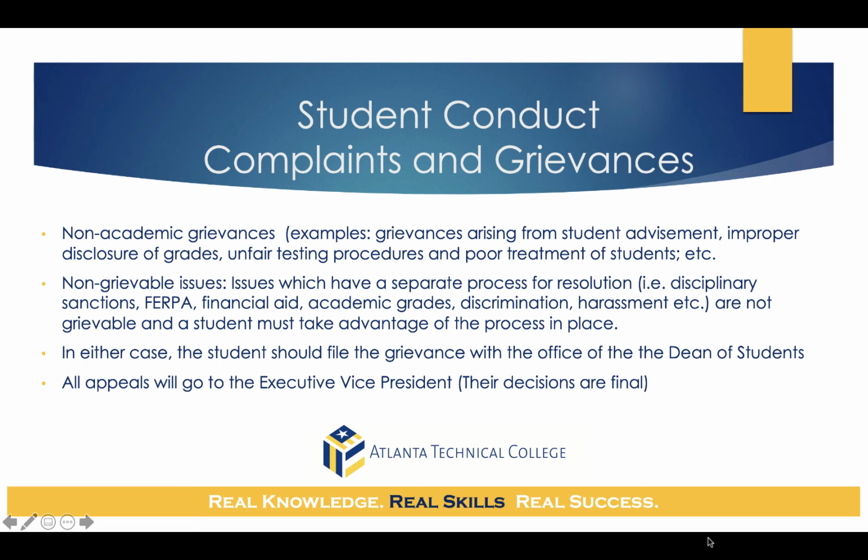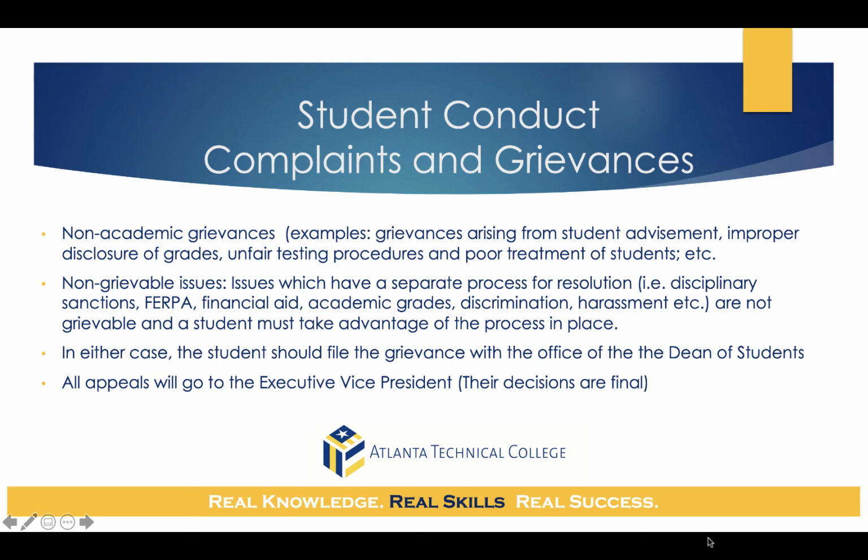disciplinary grievances that come, that's a totally different process that we have. Financial aid grievances, academic grades. Again, that's an academic grievable issue, so that comes in a different framework. Discrimination or harassment are also 2 specific ones that would come through a different process, and that process is provided in the student handbook.